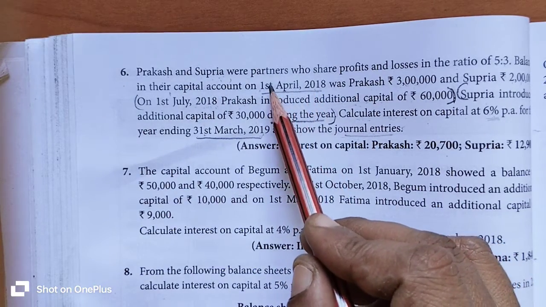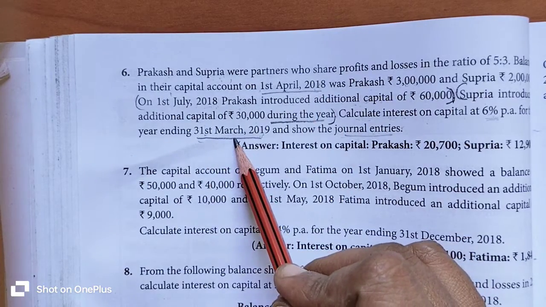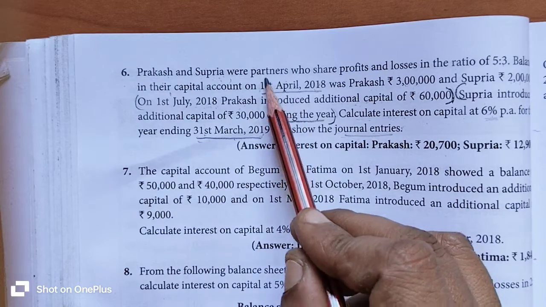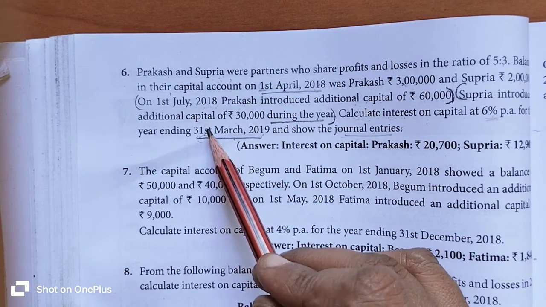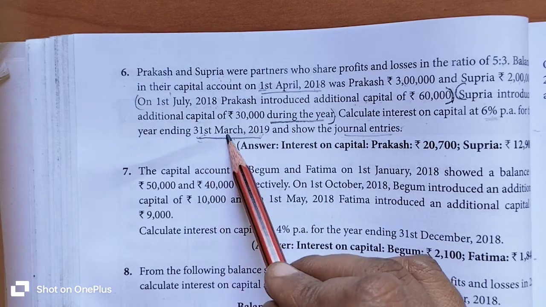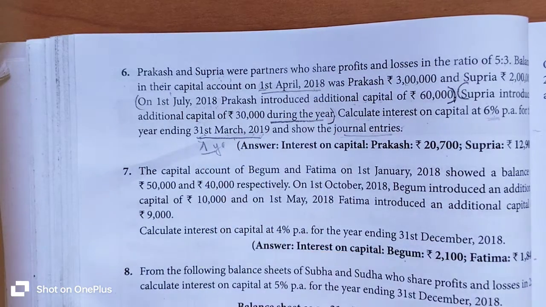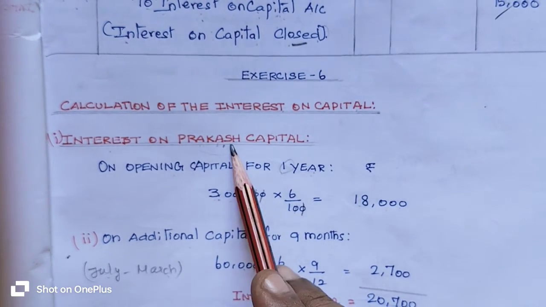So we take from 1st April 2018 to 31st March 2019. 1st April means April month fully, 31st March means March month fully. From 1st April 2018 to 31st March 2019 we have 1 year. So for that 1 year we are going to calculate interest on the opening capital for Prakash.